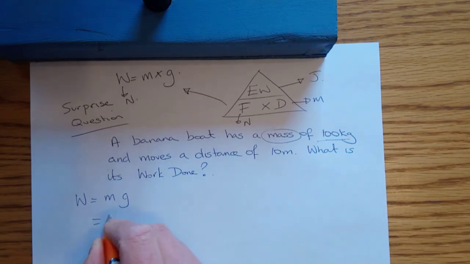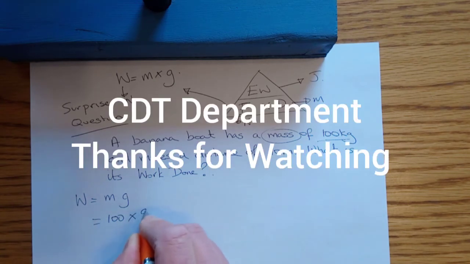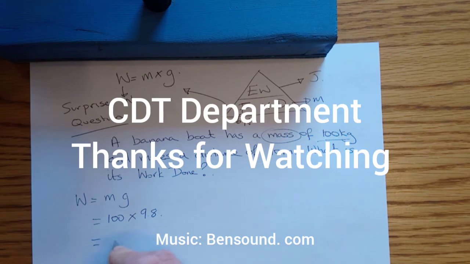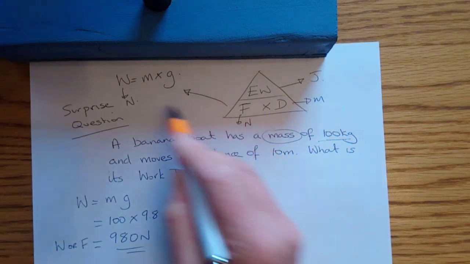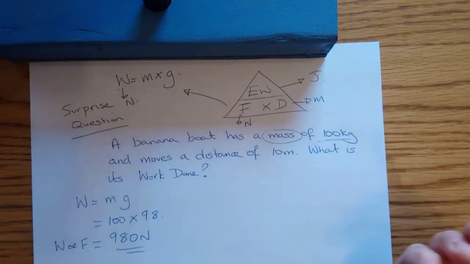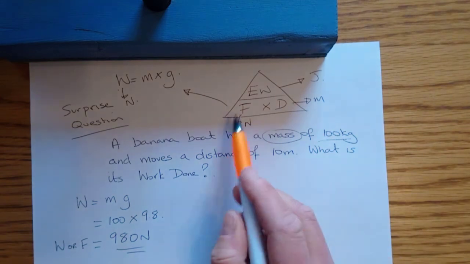So we're going to have to use our 100 times 9.8. It's going to give us 980 newtons. Okay, so that's going to be our weight or our force, because they're both measured in the same thing, and weight is a force. So this will work in this instance.